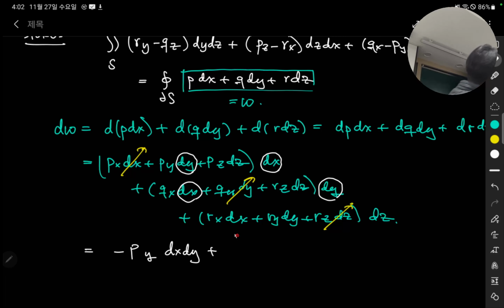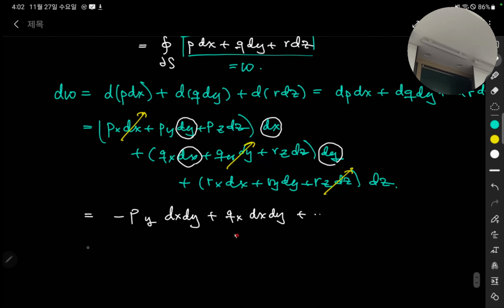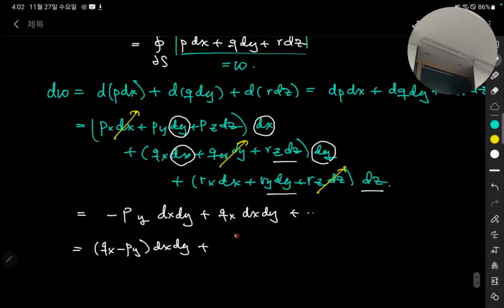And then on the second term, you have a qx dx dy, and so on. So let's put it all together. So the dx dy term has qx minus py dx dy. How about dy dz? Dy dz comes from here and here, right?